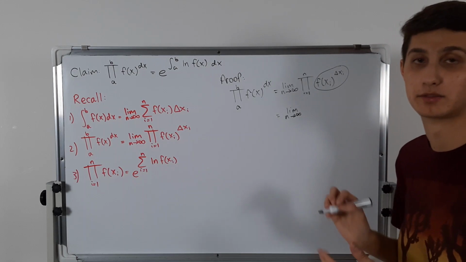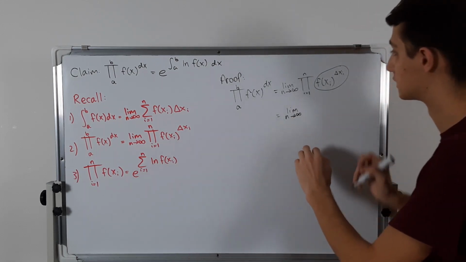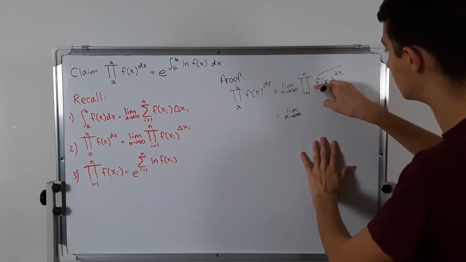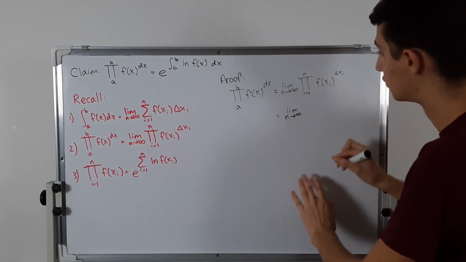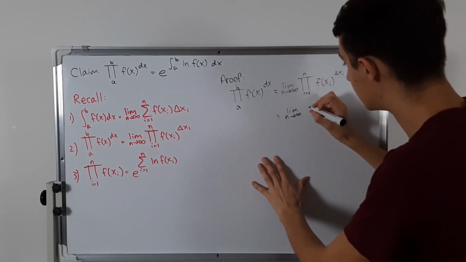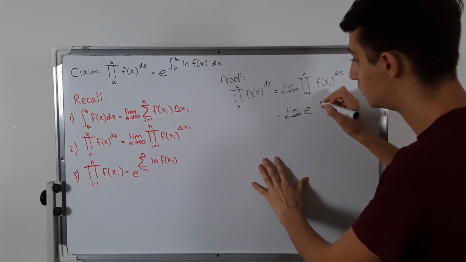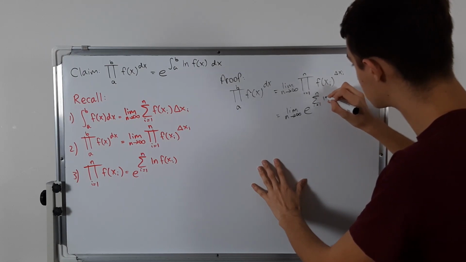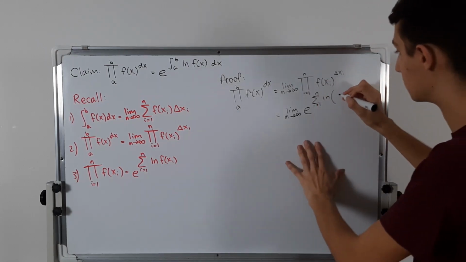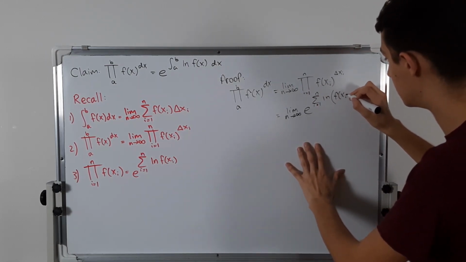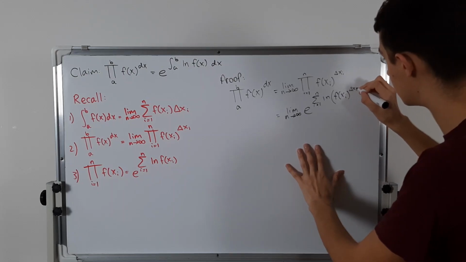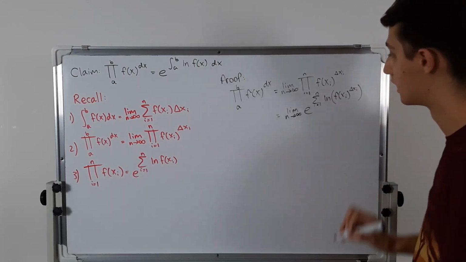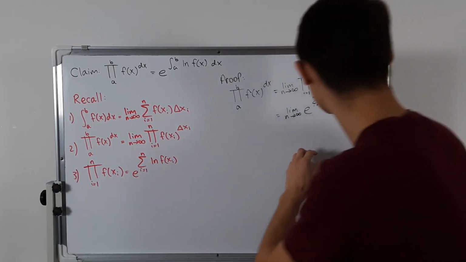This is our entire function. So we have to make sure to bring along the delta xi, okay? So we're going to take e to the sum, from i equals 1 to n, of the natural log of this whole thing, f of xi to the delta xi. Okay, so that's the entire thing there.